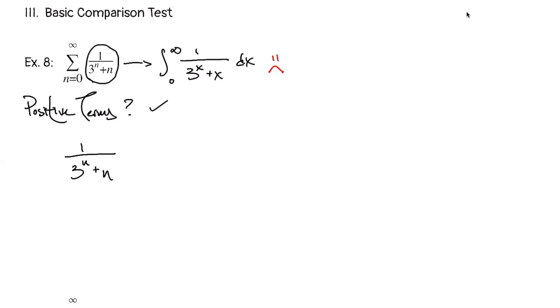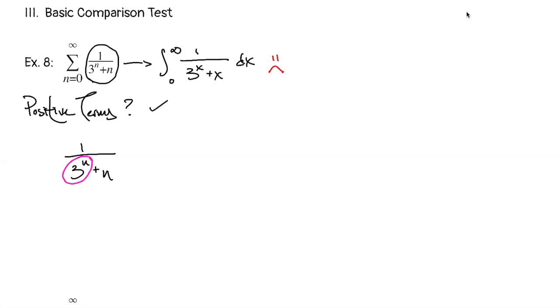As the numbers get really large, and that's the key here, as we go to infinity, 3 to the n gets really big really fast.